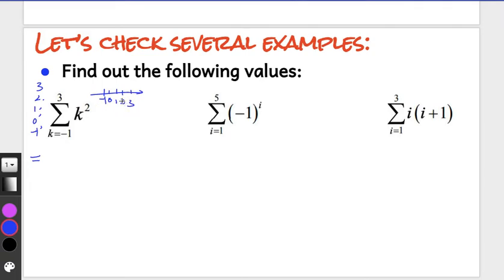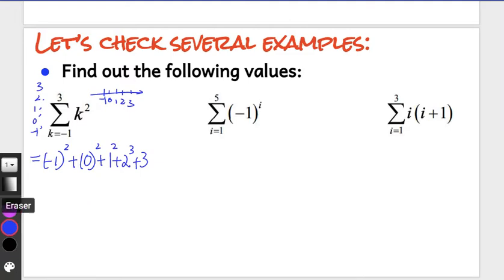And then let's check what things we are adding. We're adding k squared. So that means every single number here, I'm going to square. So the first one is -1 squared, 0 squared, 1 squared, 2 squared, and the last one, 3.